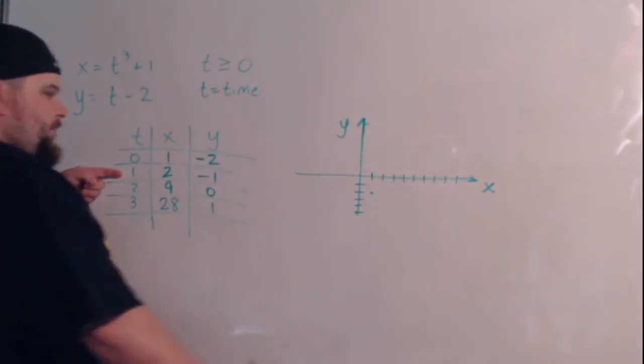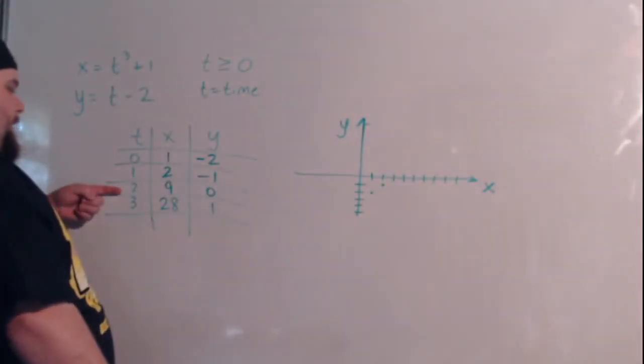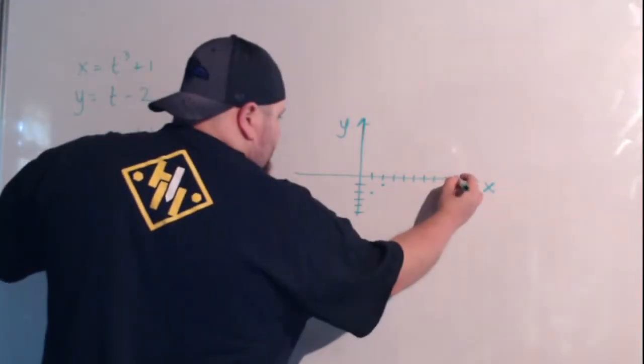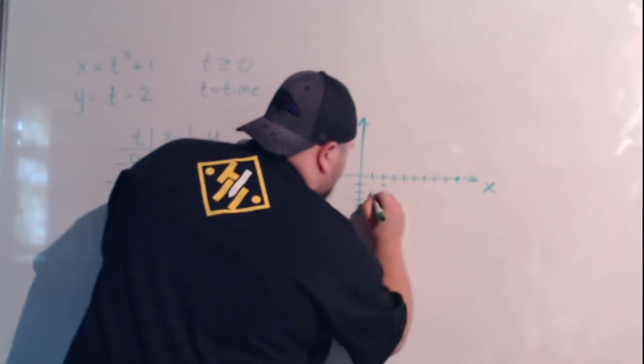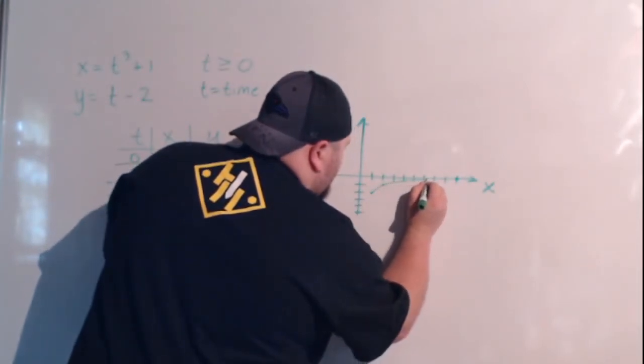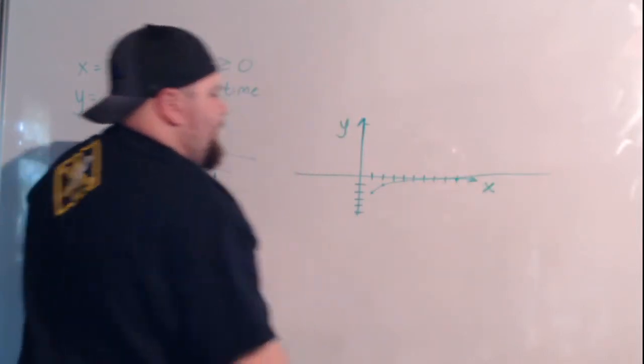When x is 2, y is negative 1. When x is 9, it's 0. Doing this sort of thing.